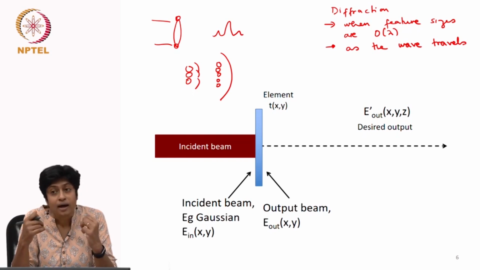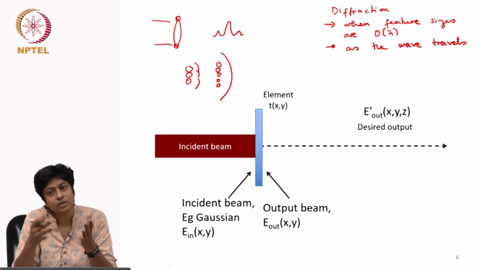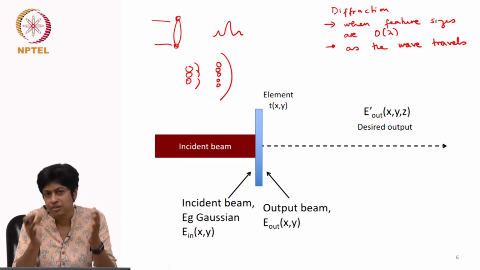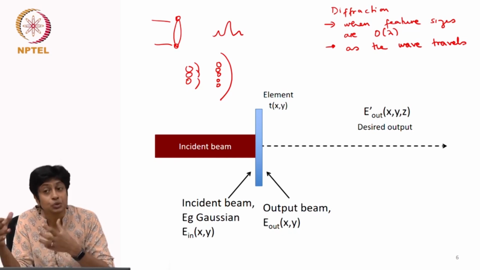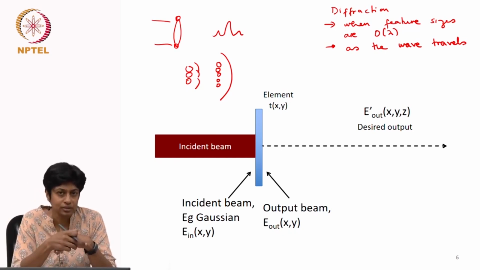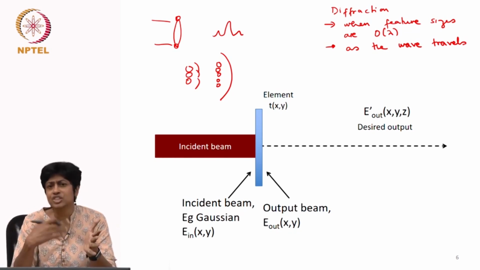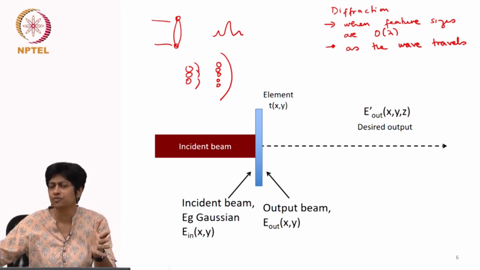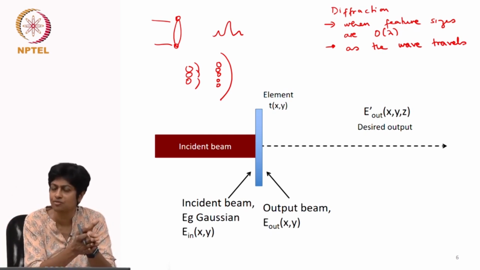But I can also use diffraction, because if you think of it, we use refractive elements to manipulate light in a certain way to carry out a certain function for us. What is diffraction doing? Diffraction is changing the intensity and the phase of the light at some plane away from the structure causing the diffraction.